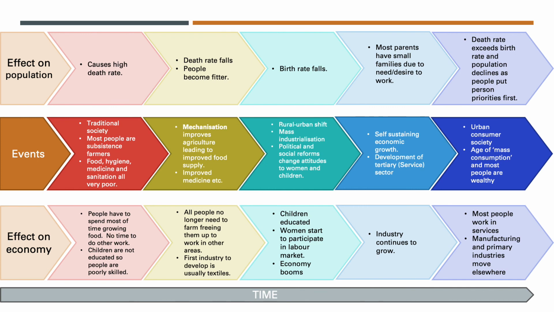So primary and secondary industries now take place in other places. And the effect on population is we've got a falling population, falling birth rate and an ageing population because people prioritise other things over having a family. So you can see from that, hopefully, that the changes which cause the demographic transition to happen are also the changes which cause economic development to happen.